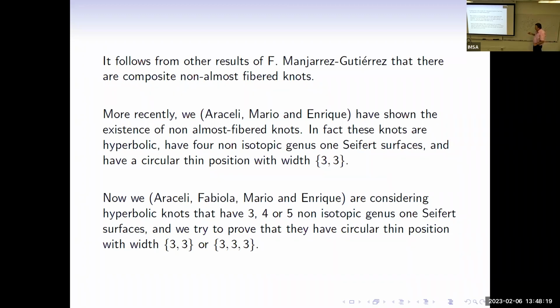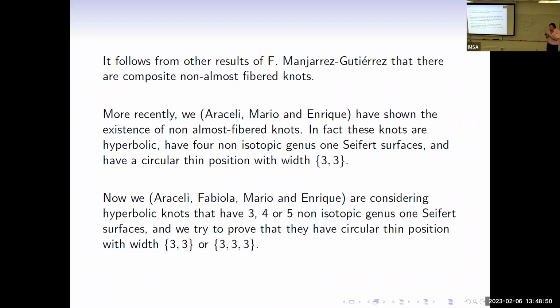Now we are looking for hyperbolic knots that have 3, 4, or 5 non-isotopic genus one surfaces, and we want to prove that they have this kind of decomposition, because a non-almost fiber knot must have at least two disjoint non-isotopic surfaces.